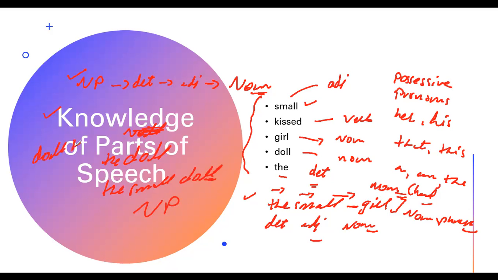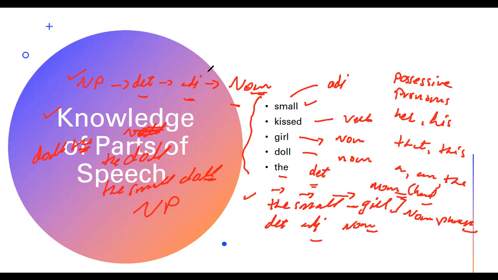but I cannot write the small only, or I cannot write doll the, it wouldn't mean anything. So there has to be a particular order: we need to have a determiner before the adjective or before the noun, or we need to have a noun after the adjective. I can skip or eliminate both of them, and my sentence may still be meaningful, or either of them.